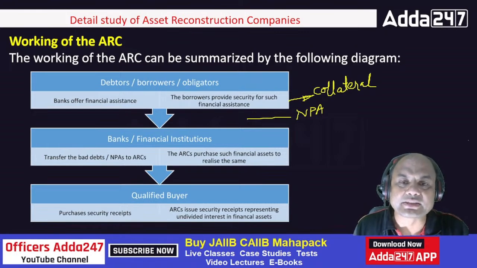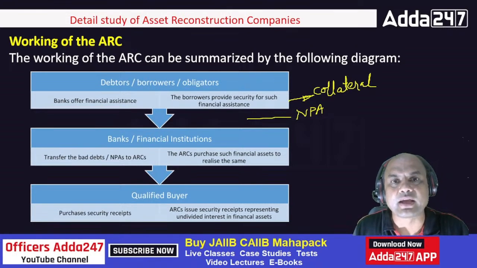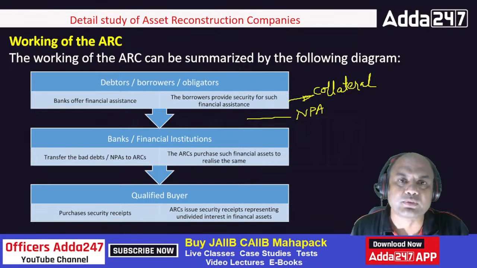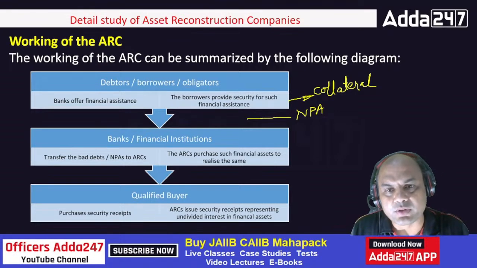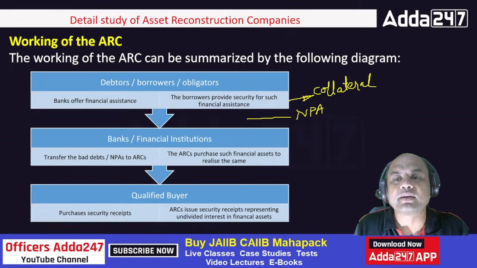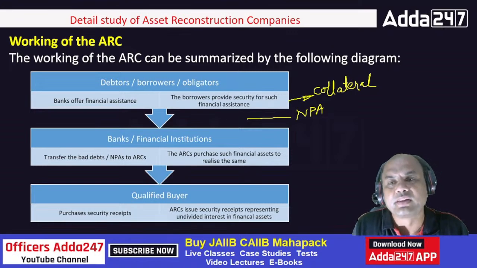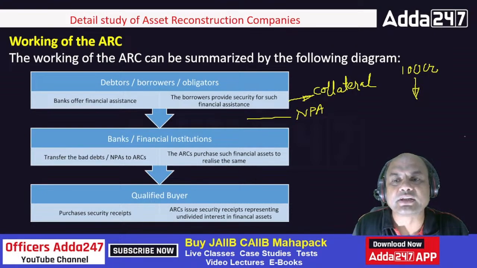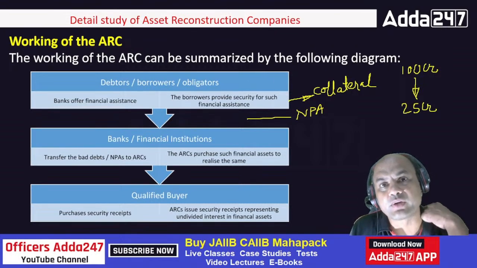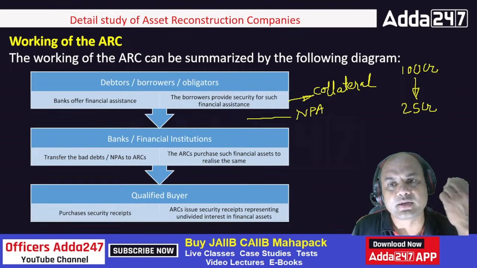This ARC will purchase it from this bank and it will follow up for that loan. This is a very important part. As I told you earlier, suppose there is a loan of 100 crores, which is sold by the bank to this ARC for 25 crores.